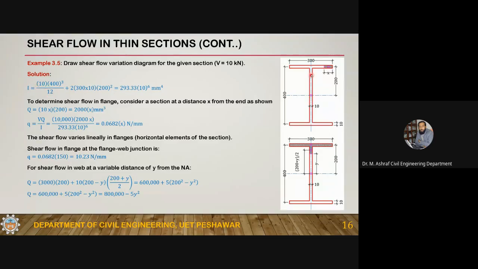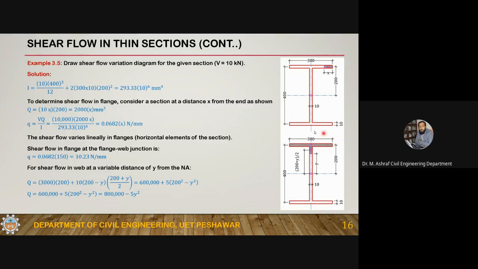Like in the case of the moment of inertia, I'm calculating the moment of inertia as the sum of the moment of inertia of this web. I'm not taking the web as from here up to here. I'm taking the central line dimension 400. Okay, so 10 into 400 cube divided by 12 plus the moment of inertia of this flange and this flange. I'm ignoring the moment of inertia of this flange about its own centroid. Why?